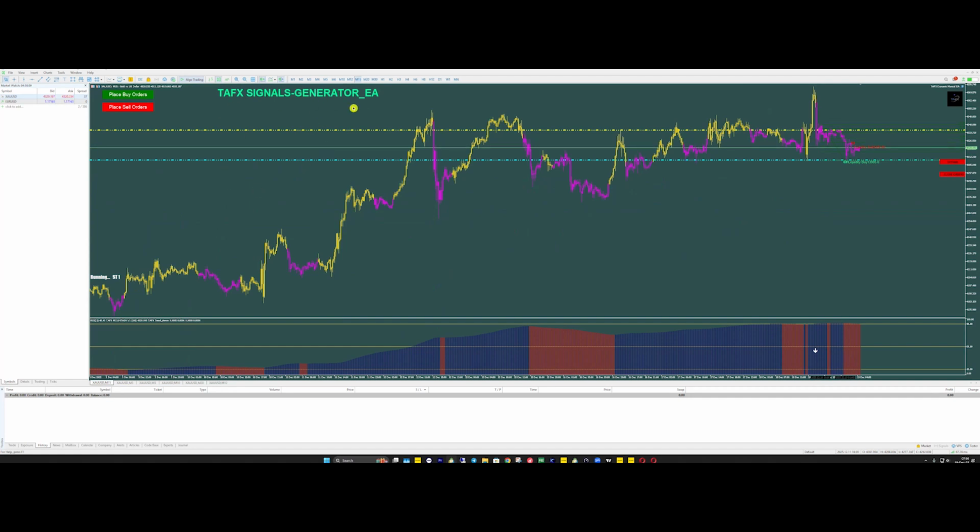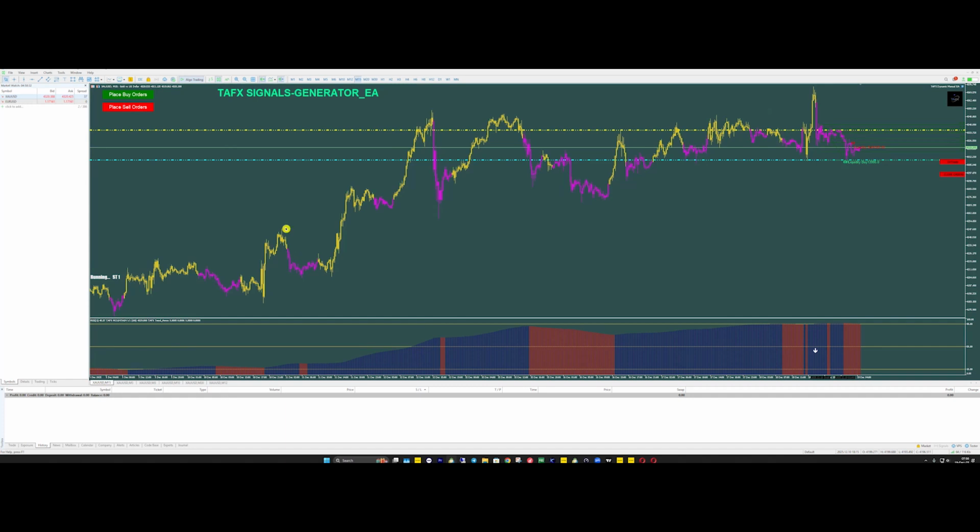It will generate a signal and give you an alert, so you will receive an alert to buy or to sell. If you receive a buying signal, this is the button you click, the buy button. If you receive a sell signal, you click the sell button. It is simple as that.